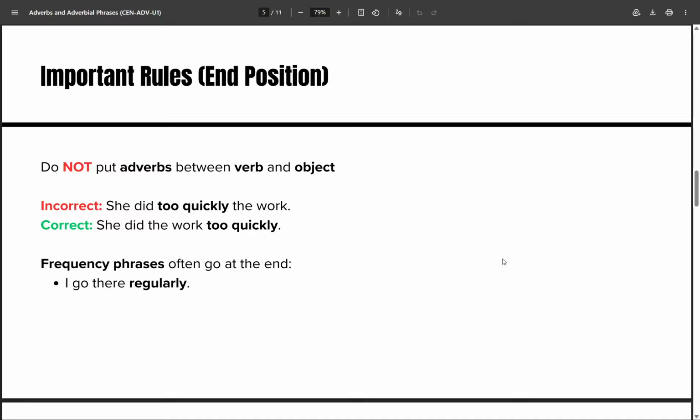Okay? And frequency phrases often go at the end. For example, I go there regularly. I don't say I regularly go there, even though it does make sense. It is better if we put it at the end. Okay?